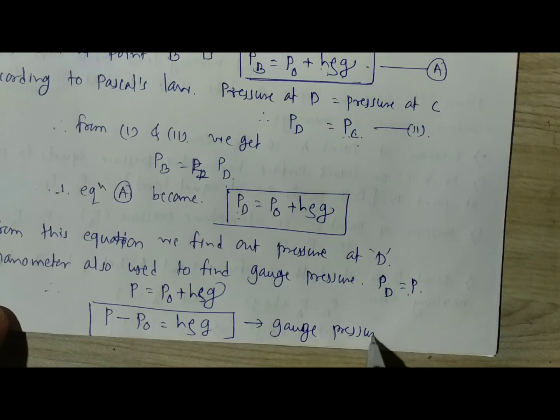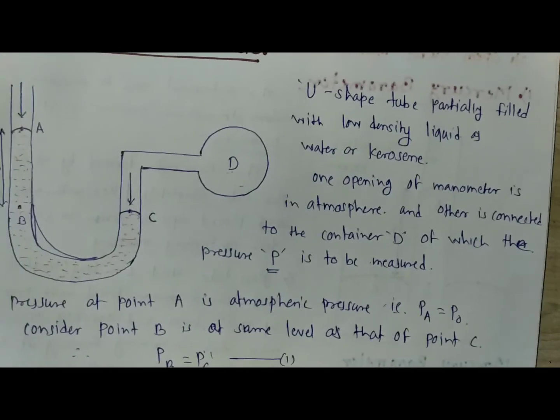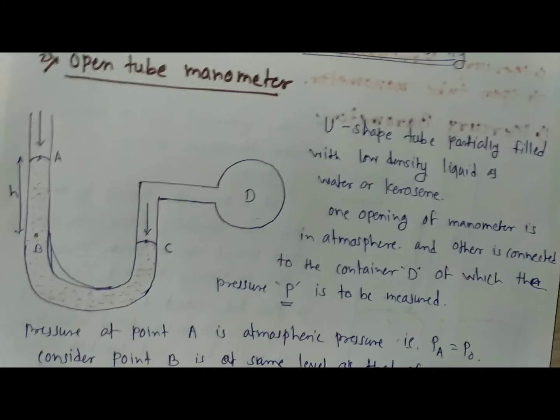And according to that, by using this open tube manometer we can find out the gauge pressure and the pressure inside the container.